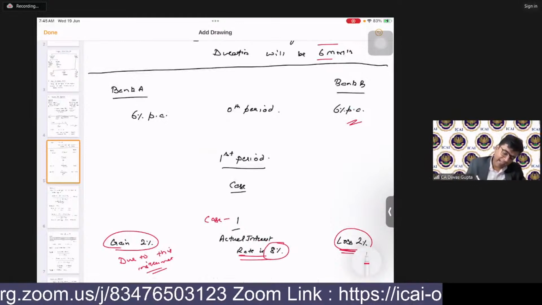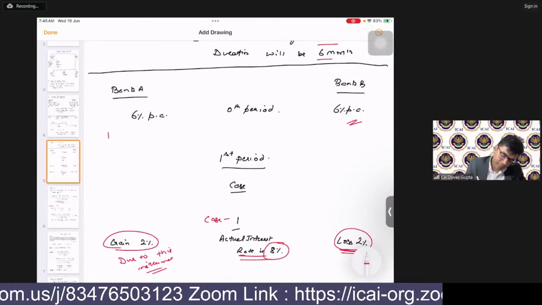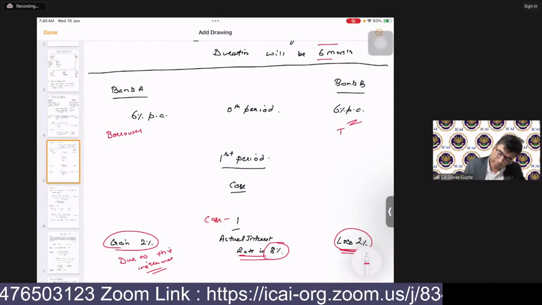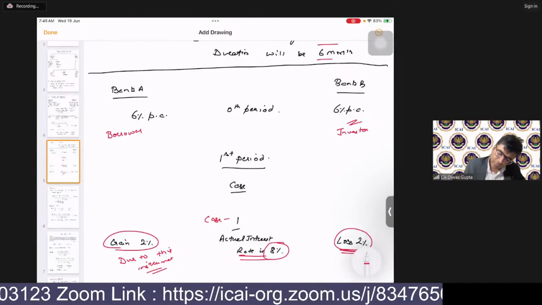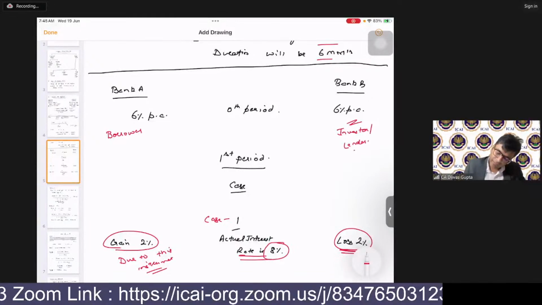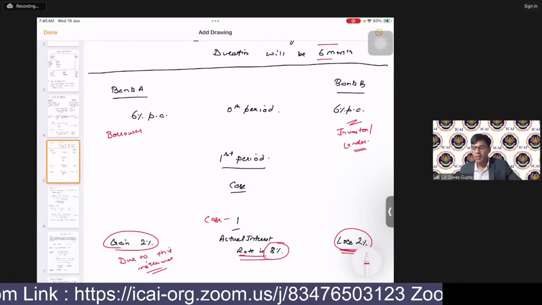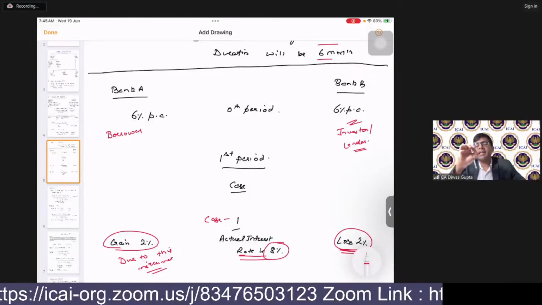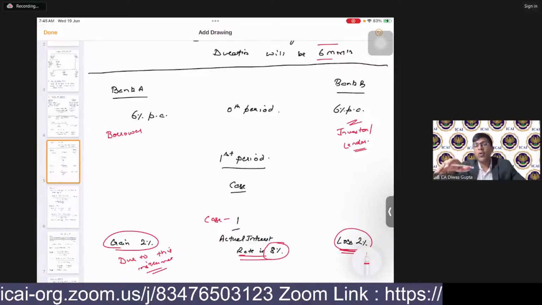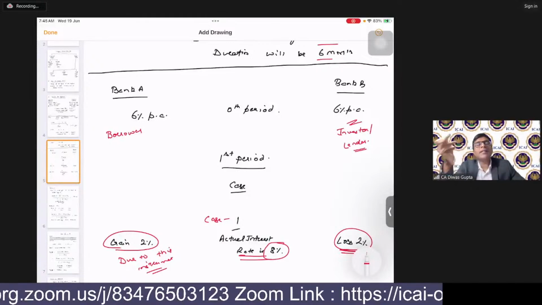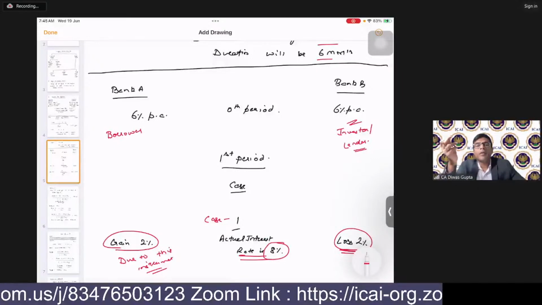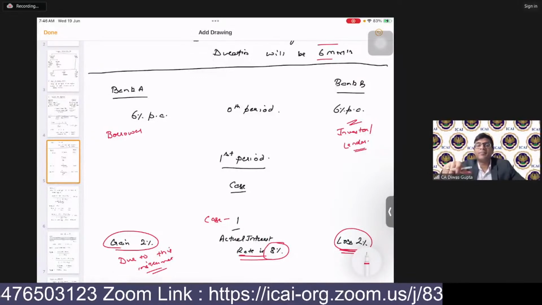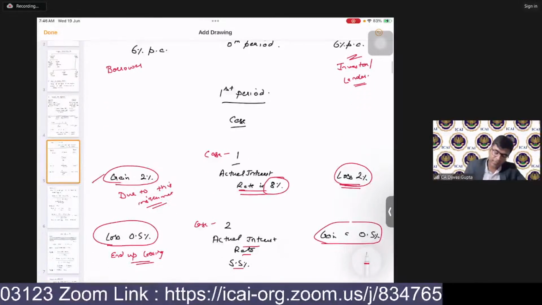And again, I said that Bank A is a borrower and Bank B is an investor or lender, the one who lends the money, right? So can I say that for all the borrowers, in case they have entered into the FRA to borrow, if the interest rate goes up more than the committed percentage, then they will gain. Yes, there is a gain.